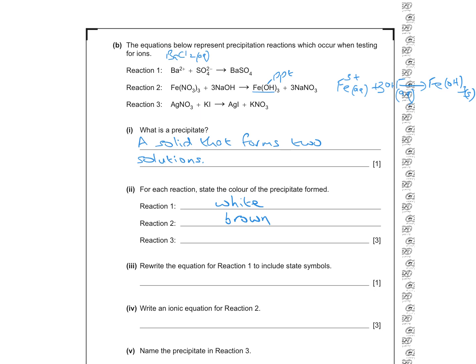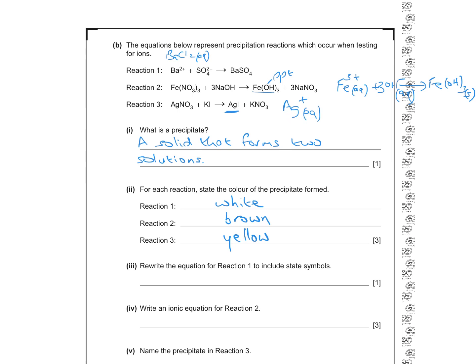Reaction 3, the solid is the silver iodide, and it is yellow. Reaction 3 is often asked as an ionic equation also. So what you would have to do is show how the solid, the precipitate of silver iodide, is formed from its ions. So it would be Ag+ aqueous, because they're dissolved initially.